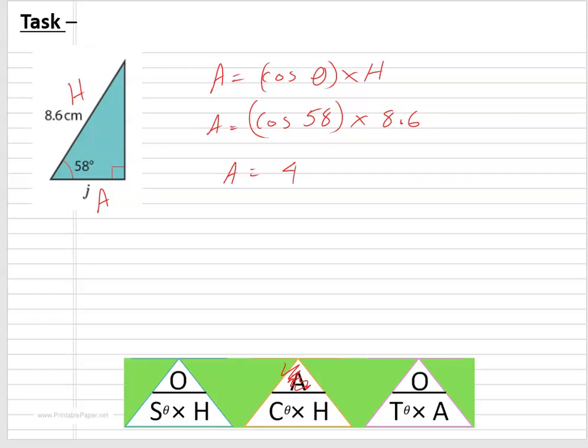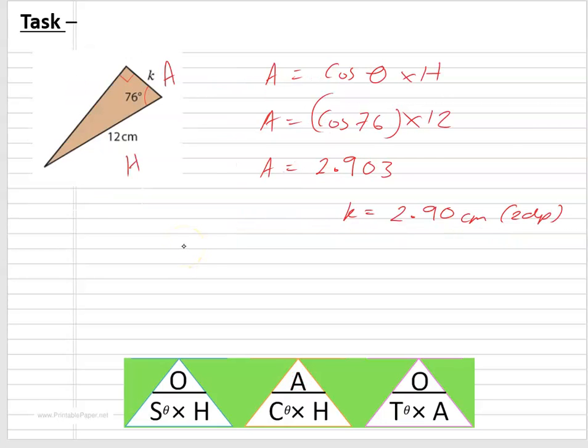So that gives us 4.557, but they want J, so let's write J equals 4.56 centimeters to 2 decimal places. Press pause while you mark/correct your work, please.